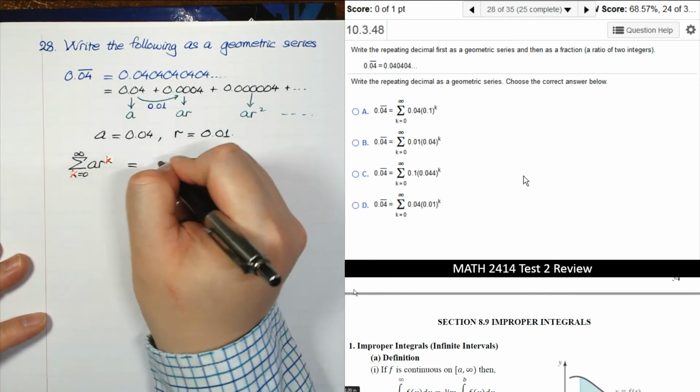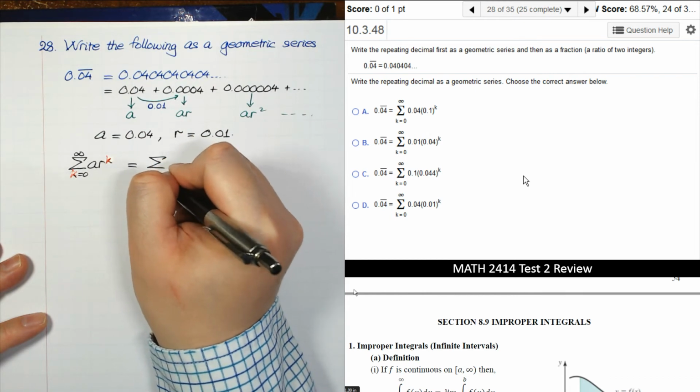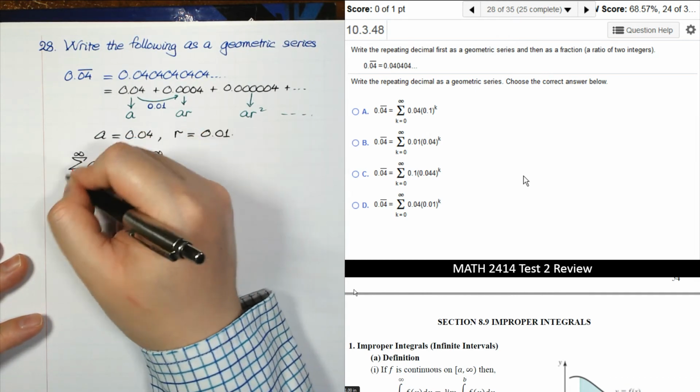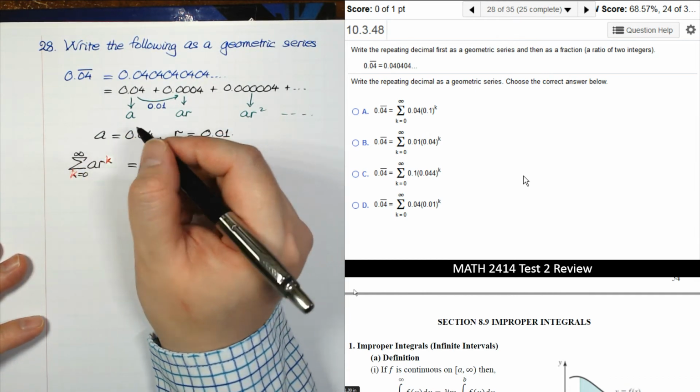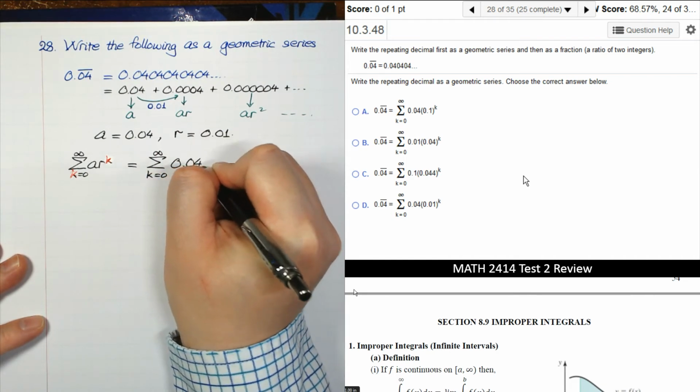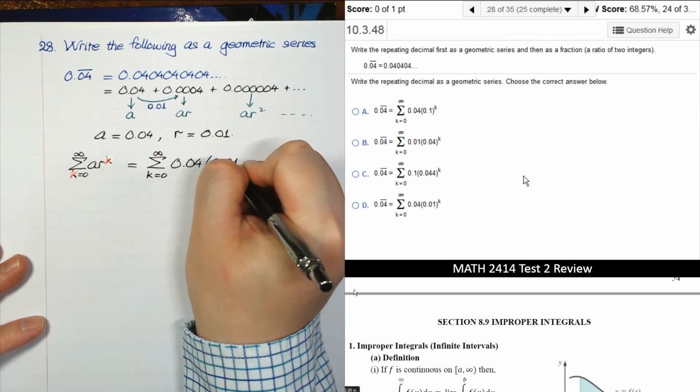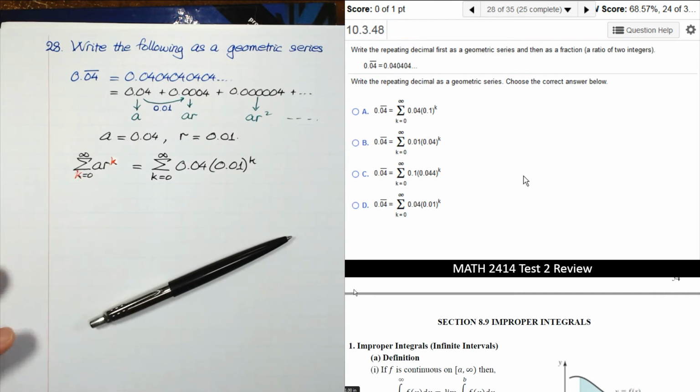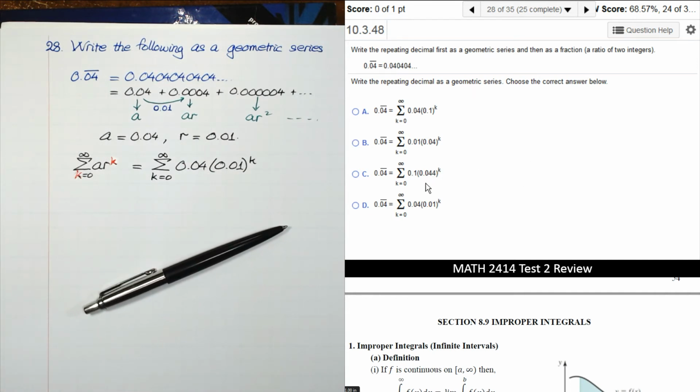So that's very simple. K from 0 to infinity. This is a geometric series. The first term 0.04, the ratio. It looks like this.